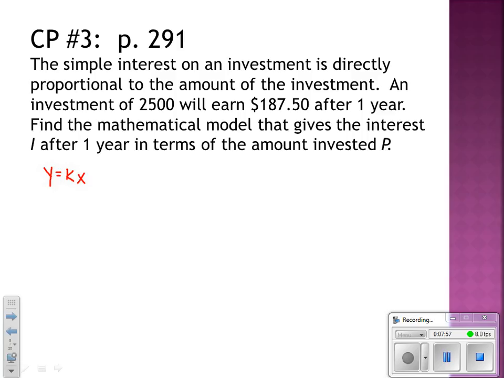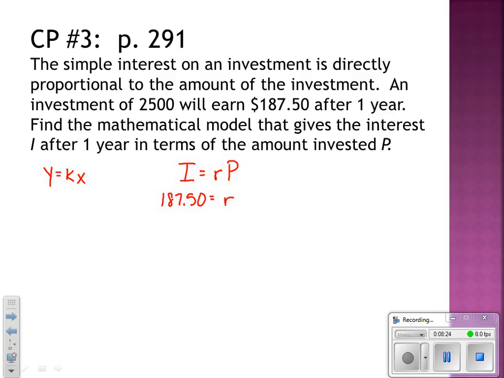So using variables that fit our situation a little bit better, your interest is equal to rate times your principal, where r is going to be that constant of variation. It's the rate that's going to change. So now we can take our numbers from our problem. We are asked for the situation where we want to earn $187.50 interest.